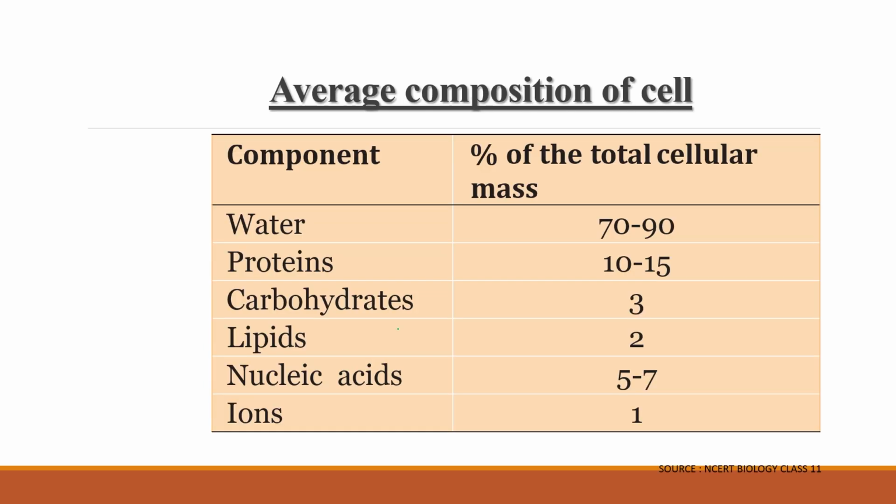Okay, so what is the average composition of the cell? If we analyze the average composition of the cell, then we can find out that the maximum percentage is water, you can see over here 70 to 90% water is present inside the cellular mass, and after that protein 10 to 15%, and just after this protein, nucleic acid is there 5 to 7%, followed by carbohydrate, then lipid, and then some ions.